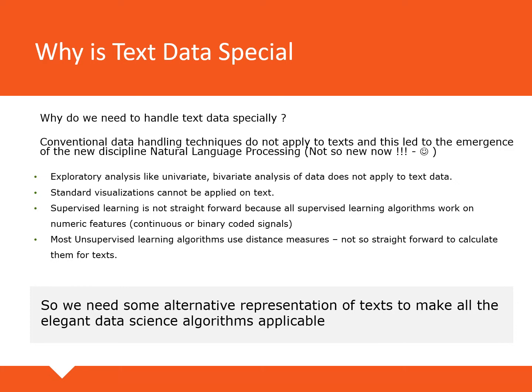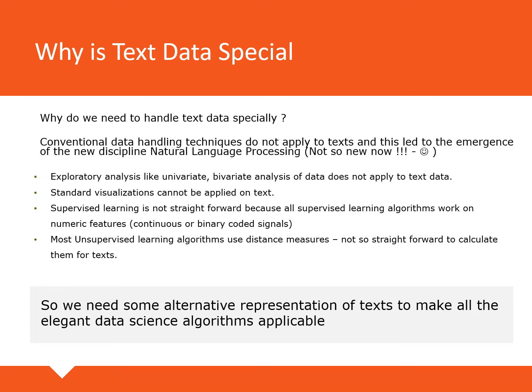So obviously, if we are handling text data, the first step should be to find a meaningful representation of text data. And what would be a meaningful representation? A meaningful representation would be something which can enable us to apply all the well-established data exploration techniques that we have been doing on numeric data for ages on text data as well.